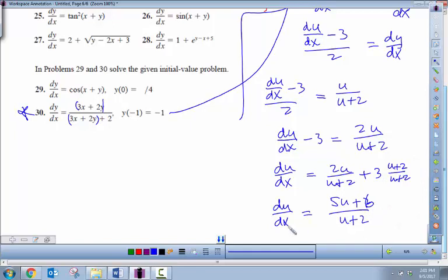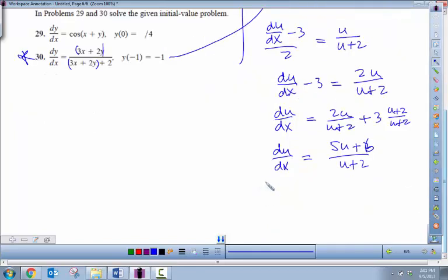Thank you. And then it looks like u plus 2 divided by 5u plus 6 du is equal to dx. So it looks like there's some way to solve for the left-hand side.